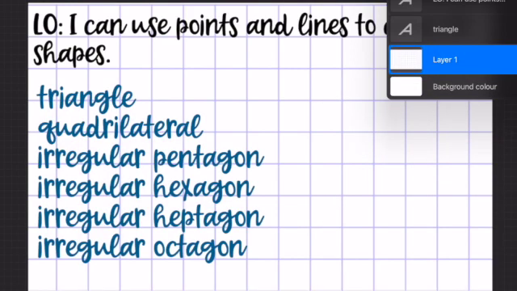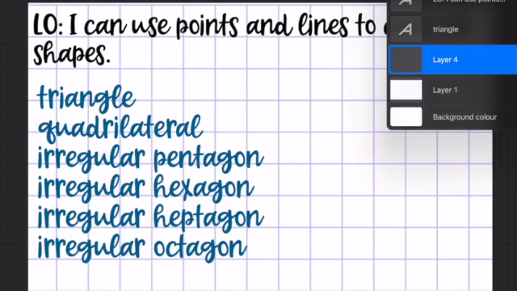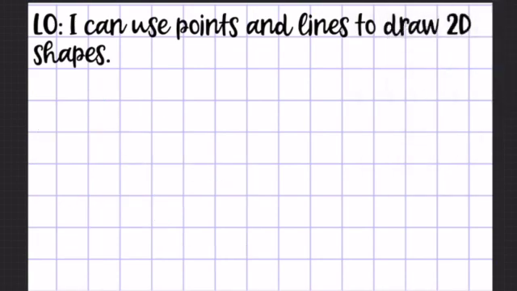So the next one is an irregular hexagon. So we're going to do 6 points for each vertex. 1, 2, 3, 4, 5, 6.